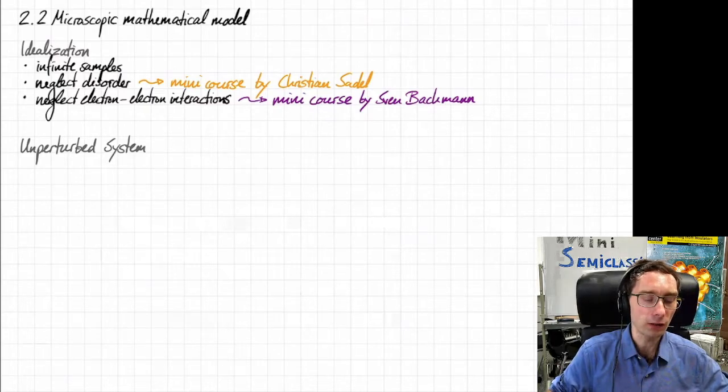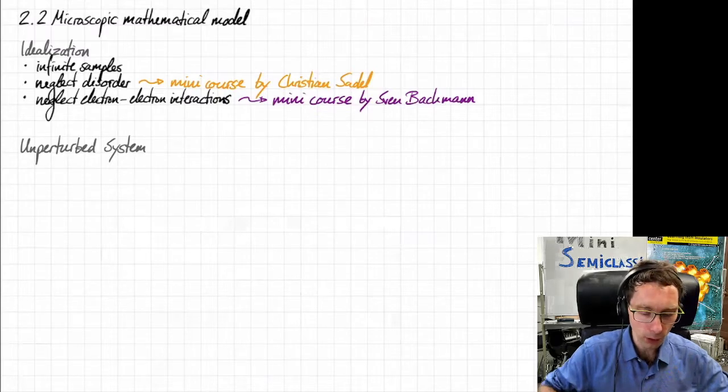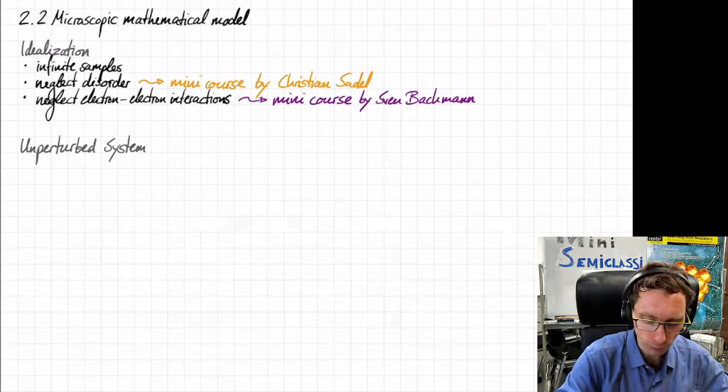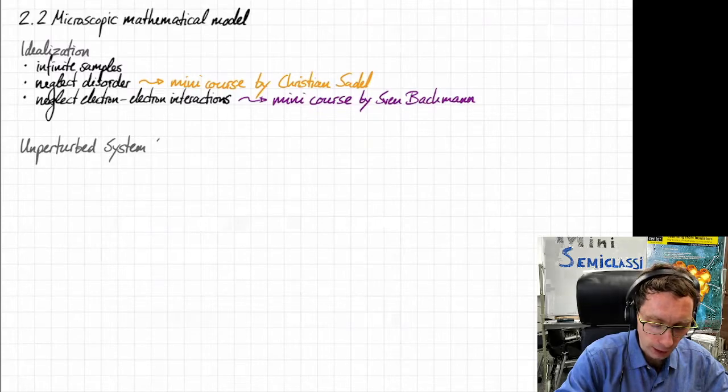The first thing that we should describe is the unperturbed system. So what do I mean with unperturbed system? I just mean that the applied electric field and the applied magnetic field are zero.